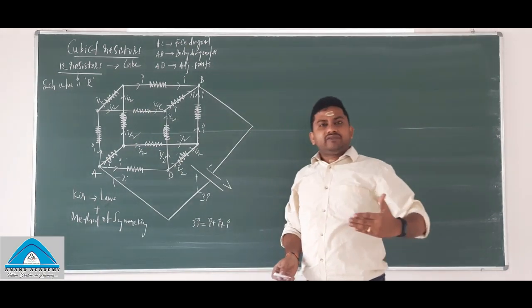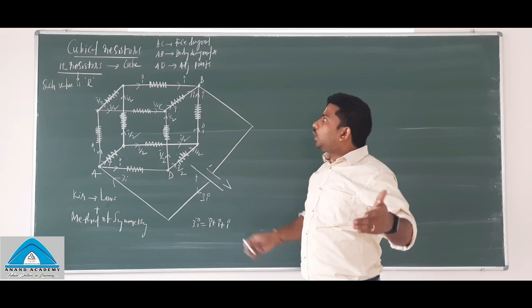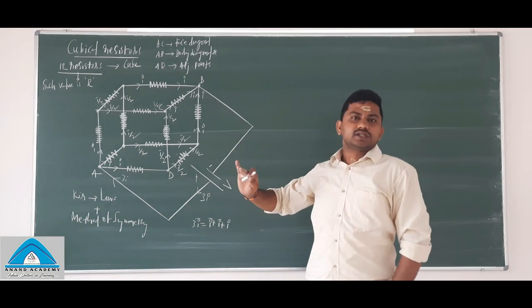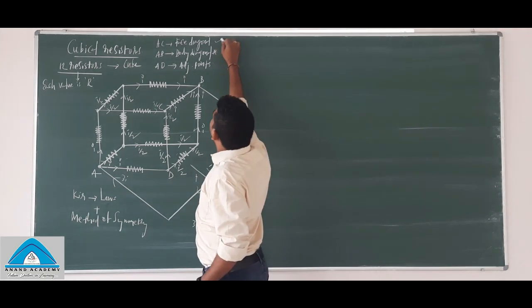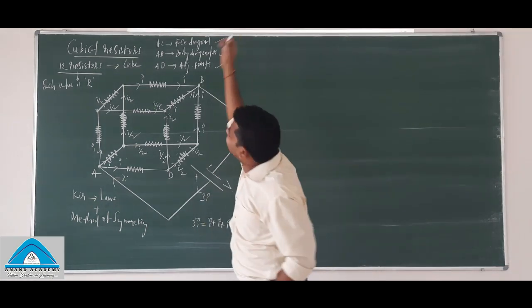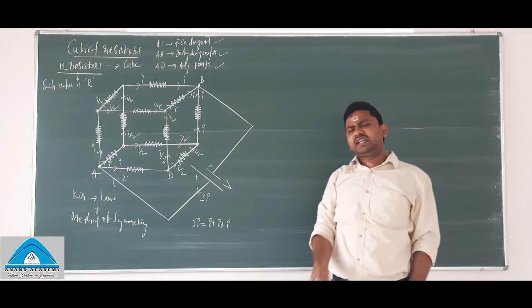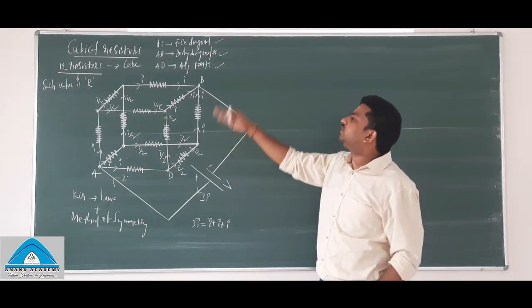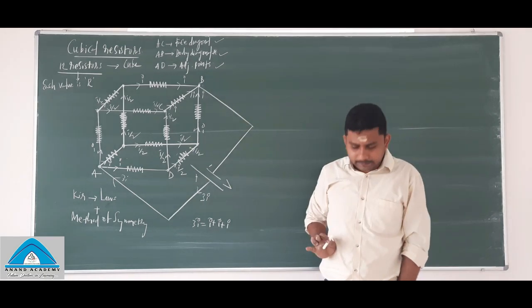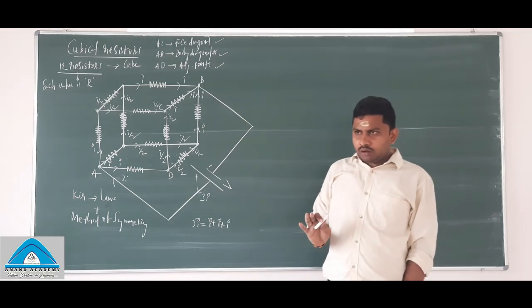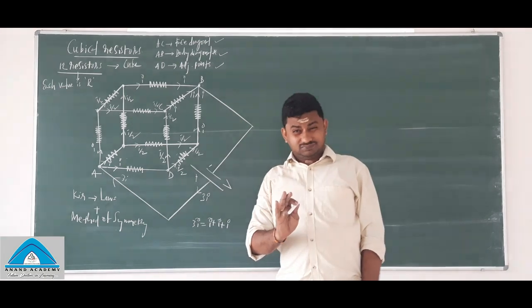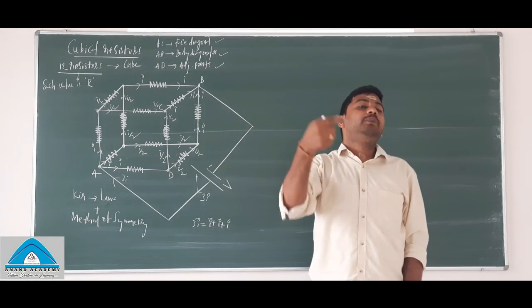you can derive the concept of cubical resistors in the three cases, 1, 2, 3 cases. We can derive the effective resistance between any 2 points by considering it. But the derivation is complicated.